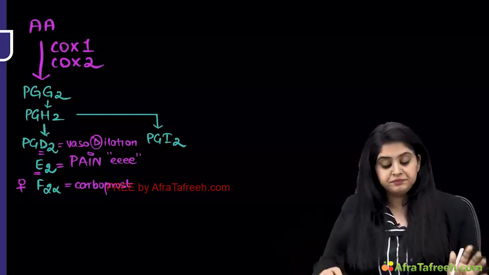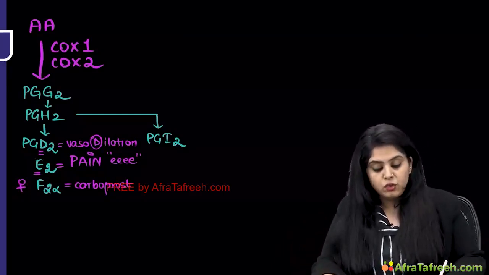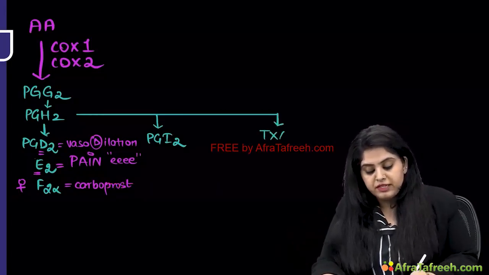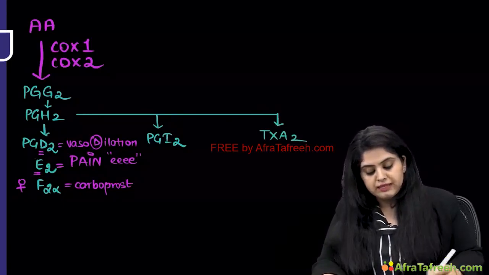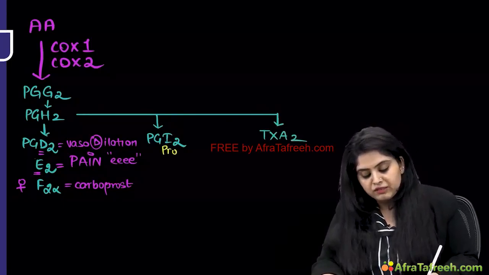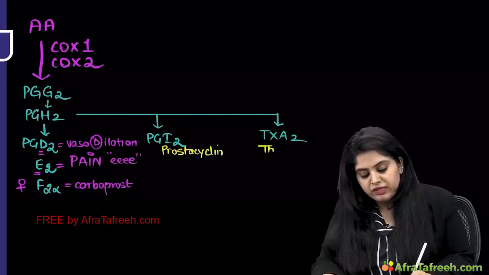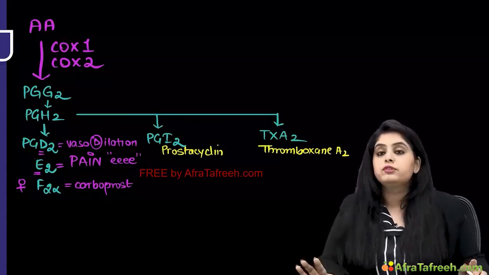Simple, D, E, F. Now, the H also releases the next alphabet, that is I2, and it also releases thromboxane A2. So please note that PGI2 is known as prostacyclin and TXA2 is known as thromboxane A2. Please note they are opposites of each other.